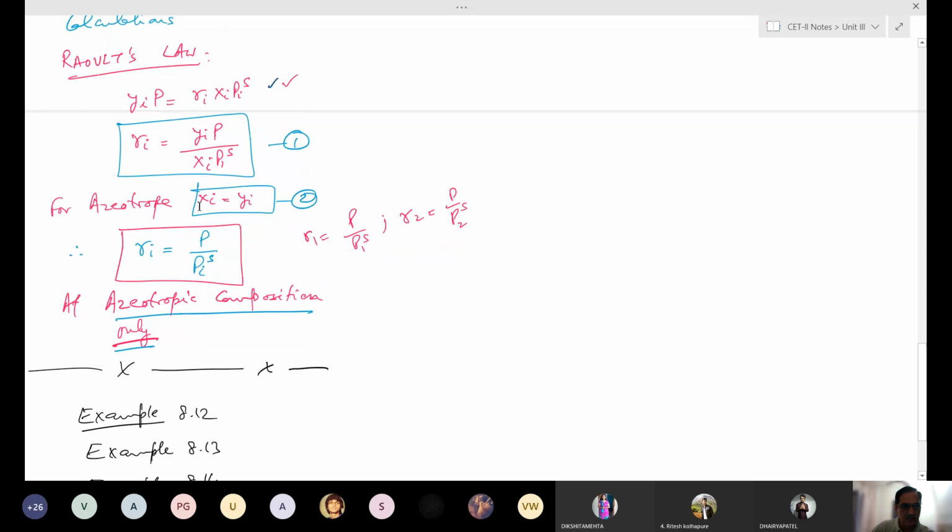At azeotropic composition xi equals yi, therefore gamma i equals P upon pi-sat. So if you know the vapor pressure of each component and the total pressure, we can calculate gamma 1 and gamma 2 like this. Any doubts, questions on this?